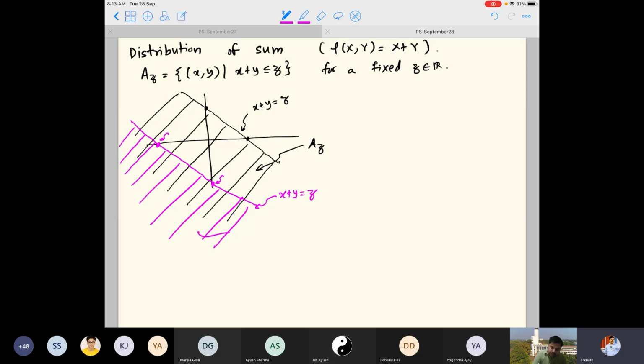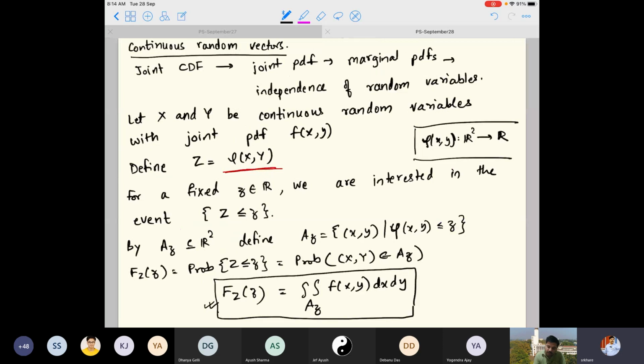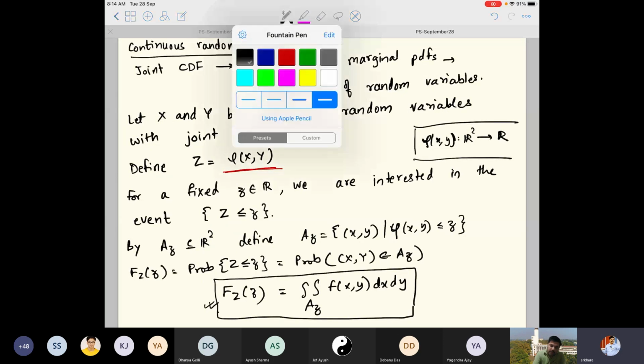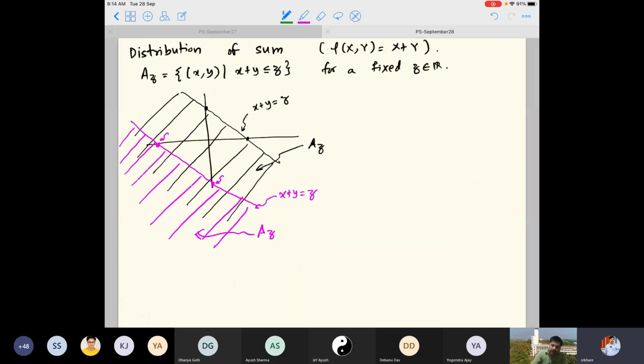So this is the set AZ for this particular Z. For different values of Z, you will have different half planes, and for those different values of Z, you are going to find out the probability over this AZ. This is the probability that you are interested in calculating.